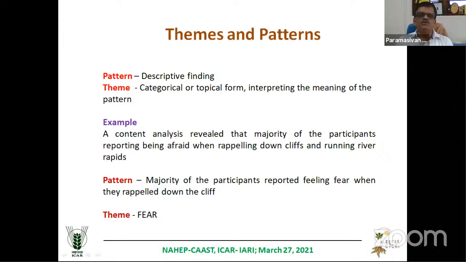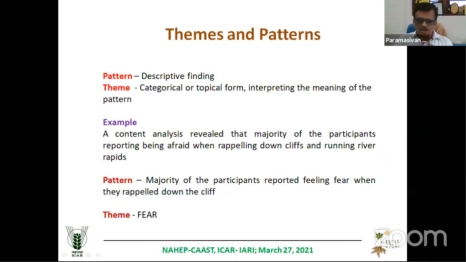One example I can give you: content analysis revealed that a majority of the participants reported being afraid when they were rappelling down the cliffs and running the river rapids. That means somebody is walking on a bridge connecting two hills, and below there is water flowing, a depth.